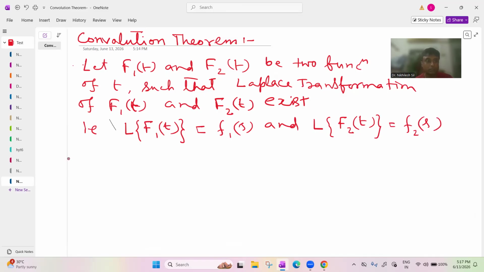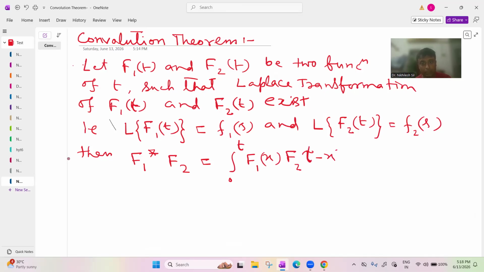Okay. Then f1 convolution f2 is equal to integration 0 to t f1(x) f2(t minus x) dx. Okay.